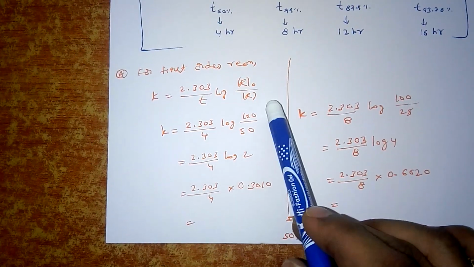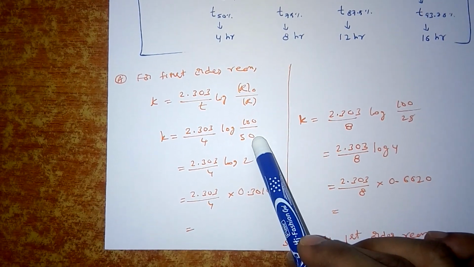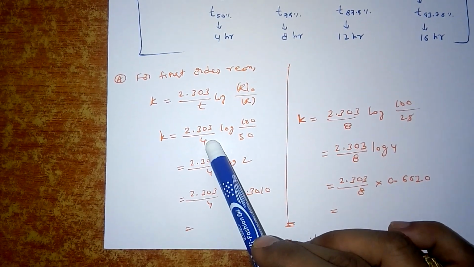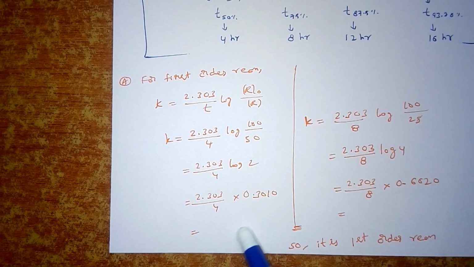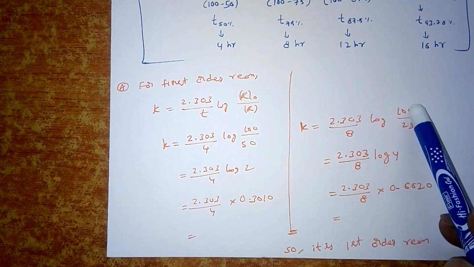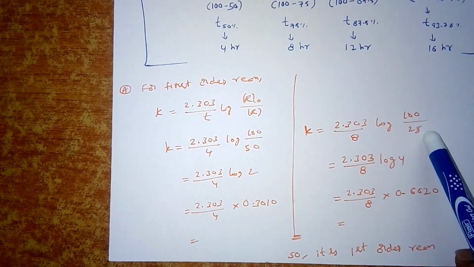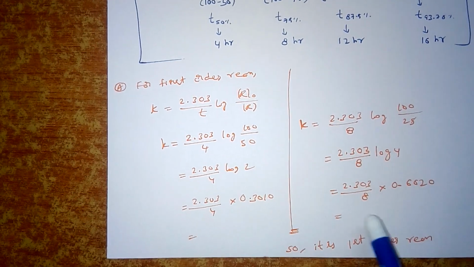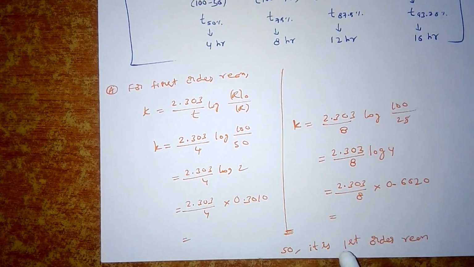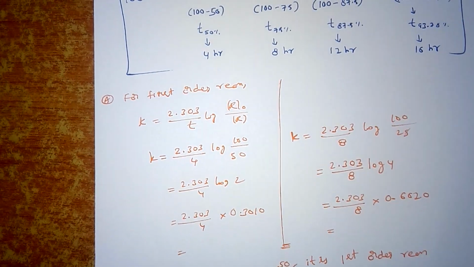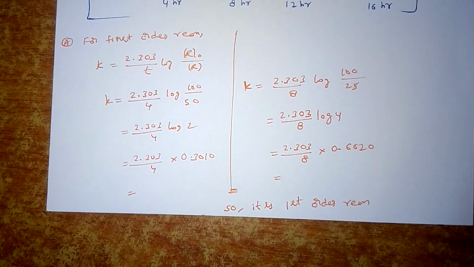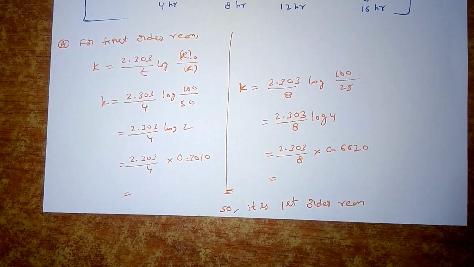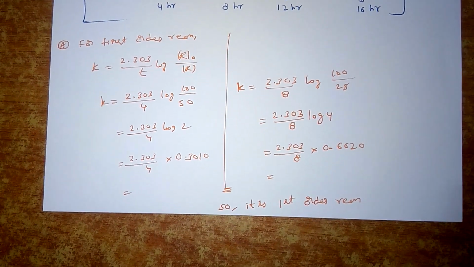Like this, see, 100, 50% complete means 50 remaining, time 4. Okay, you will get some K value. Here again 75% is completed, remaining 25, time 8. If you substitute, and these two values are similar, then we can say it is a first order reaction. Practice all these important questions. All the very best. Thank you.